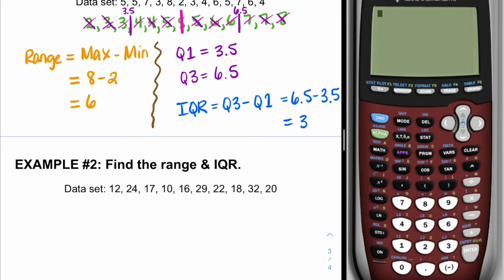So we have 10, 12, 16, 17, 18, 20, 22, 24, 29, and 32. And I need to make sure I have 10 numbers. 1, 2, 3, 4, 5, 6, 7, 8, 9, 10.